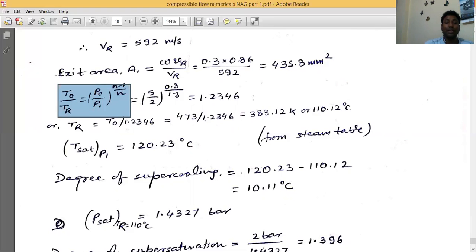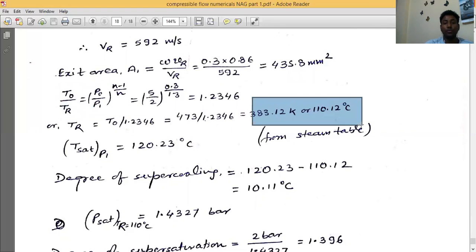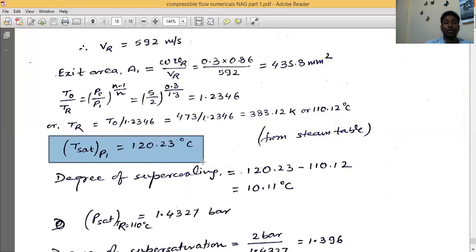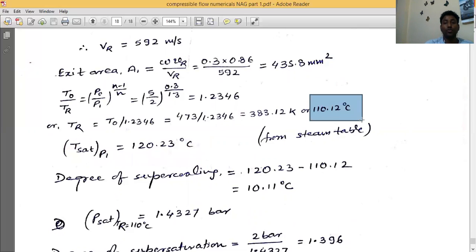So we calculate it as 383.12 Kelvin or 110.12 degrees centigrade. Also from the steam table, corresponding to pressure P1, that is the exit pressure, we can have the saturation temperature. So the difference between these two temperatures will give the degree of supercooling.